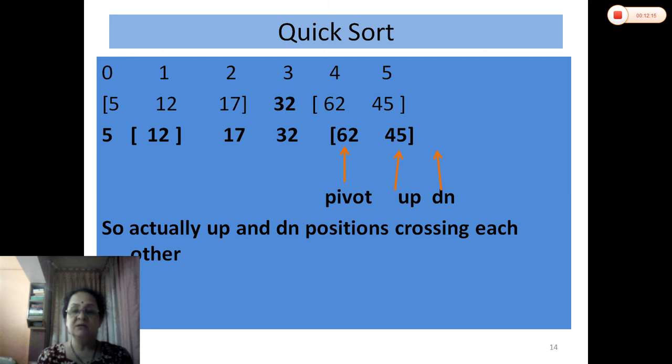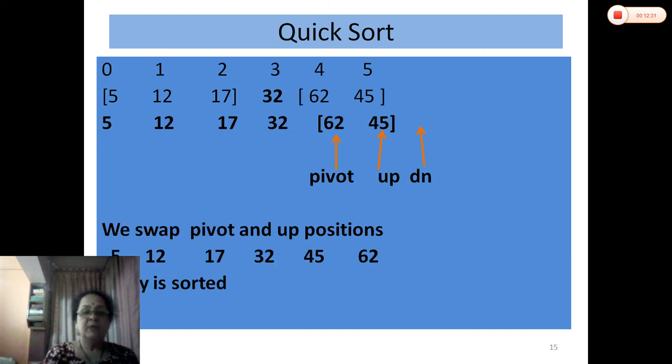So the up and down pointers are crossing each other, and that is why we swap pivot and up positions. So pivot and up, 62 and 45, become 45 and 62, and the array is sorted.